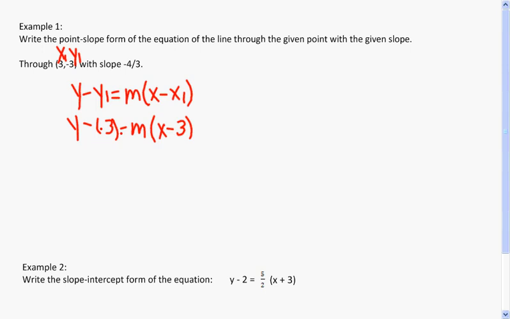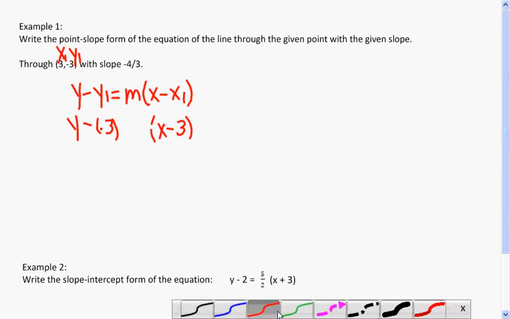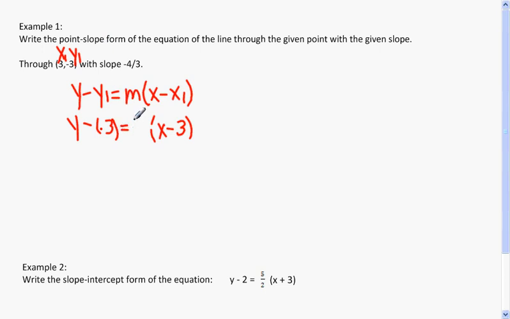One thing that I could have done earlier in this problem right away is substitute in for m, since I know what m is. If you didn't do that, you can just erase it, or you can just rewrite it below. Your m value is your slope value, which is -4/3.